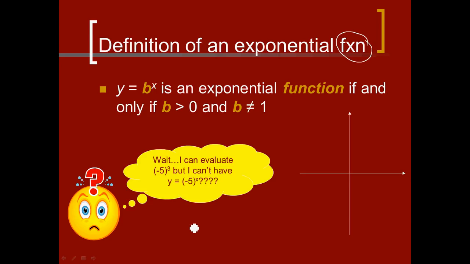Now, that's a little bit of a lie. Of course I can have this. This function exists. It has a graph, but it is not allowed in the family of exponential functions. Why? Because of these rules. And why?